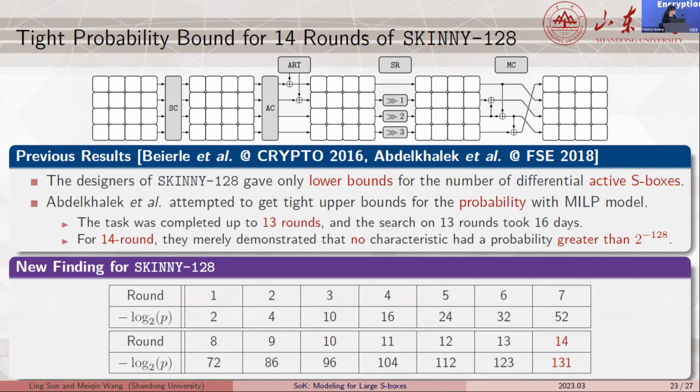In this paper, we used our new model to analyze SKINNY-128 and found that the upper bound on probability for 14 rounds is 2 to the minus 138, therefore finishing the remaining task of the previous work.